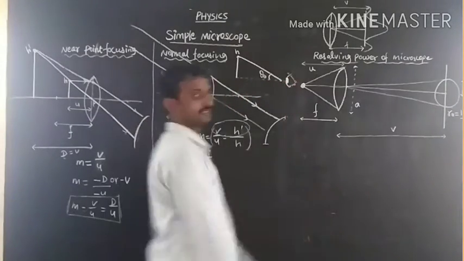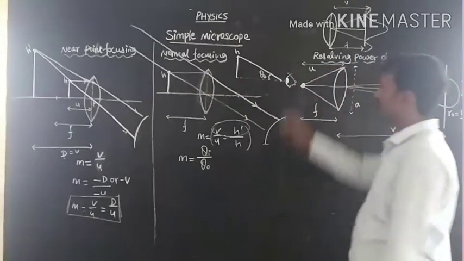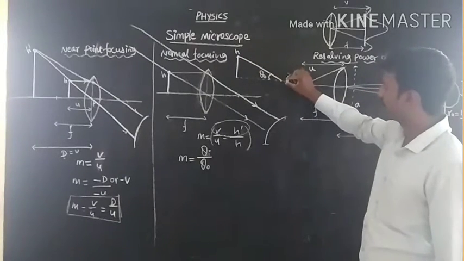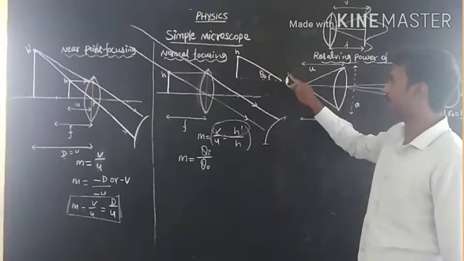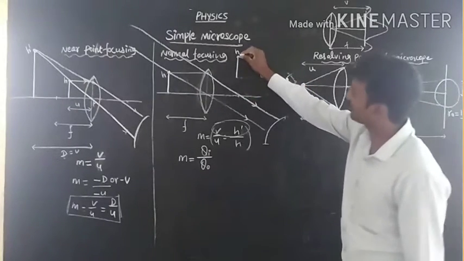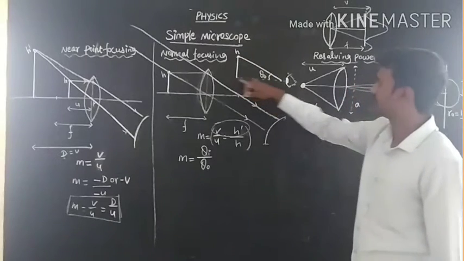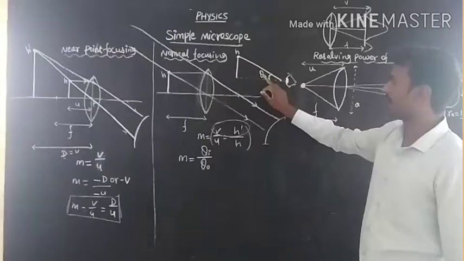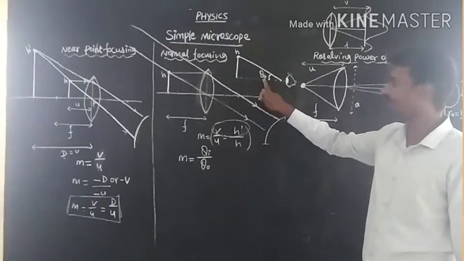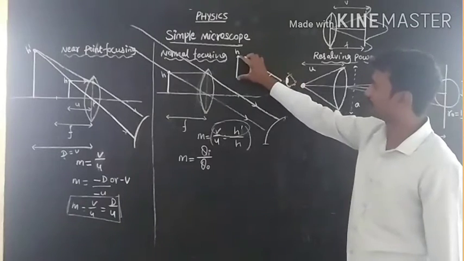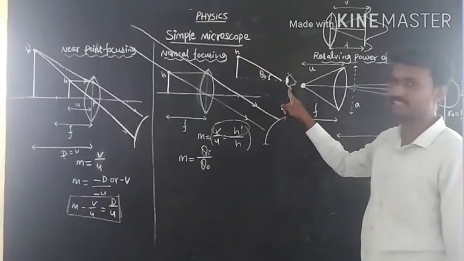Now come to the points. First, we are going to find the angle subtended by the object without the lens. So I am watching the object without a lens. Okay? The height of the object produces a certain angle with respect to the horizontal direction. So this is the angular position of the object with the unaided eye.